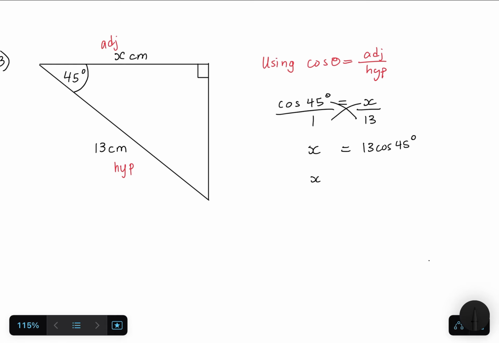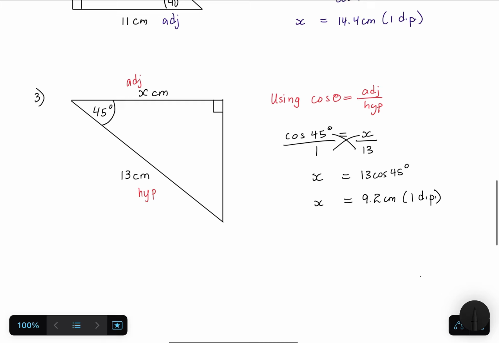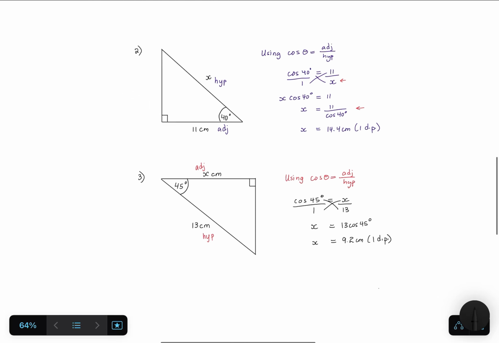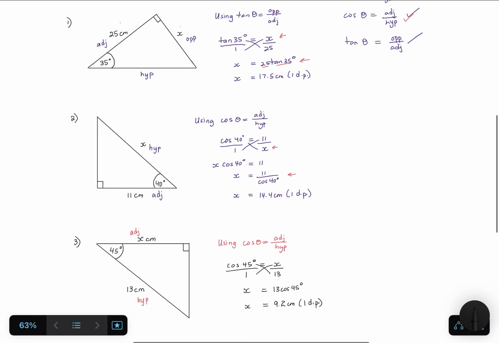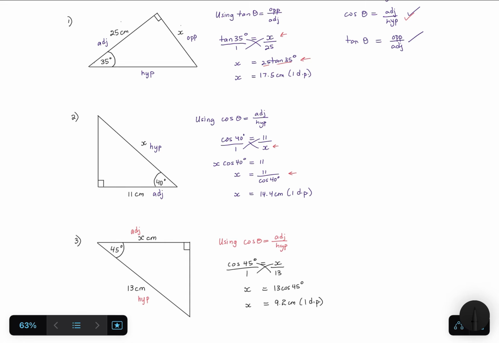And then I type that in on my calculator. 13 cos 45 is equal to 9.2 centimeters, taken to one decimal place. And that's how you will find an unknown side given one side and an angle using trigs.